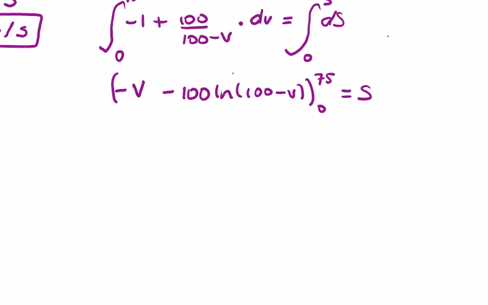So if we put our values in, we're going to get minus 75 minus 100 times the natural log of 100 minus 75, which is 25.